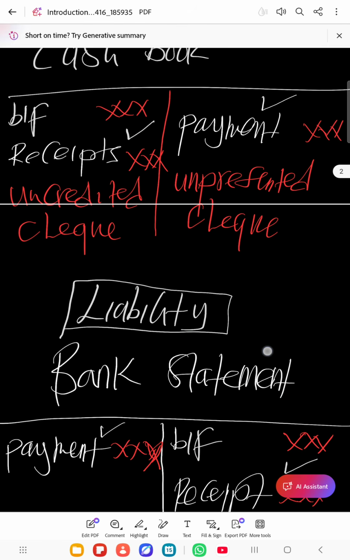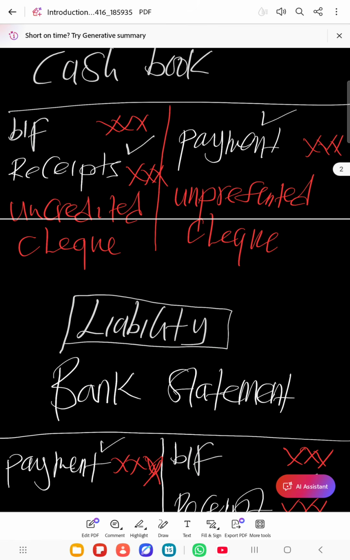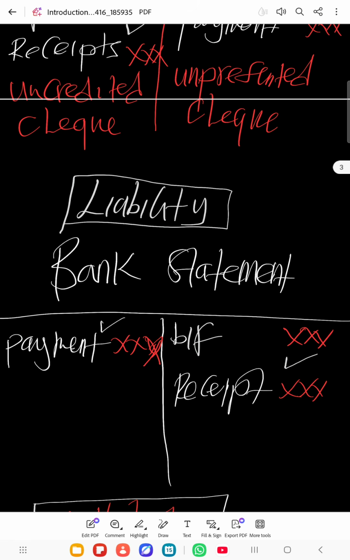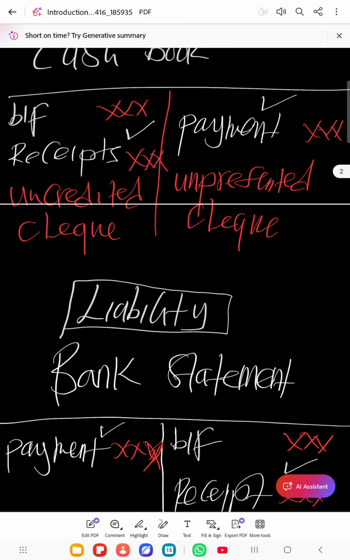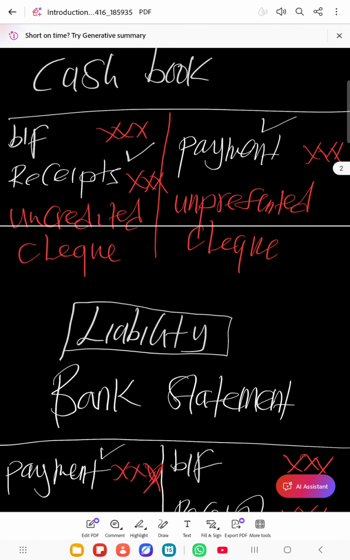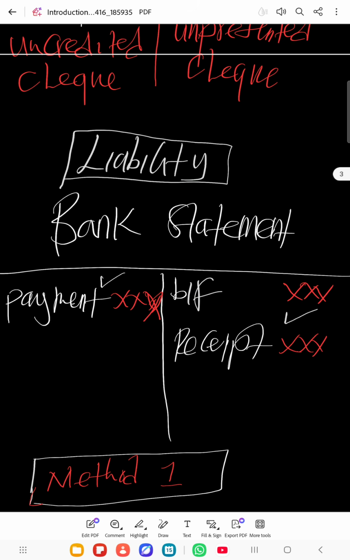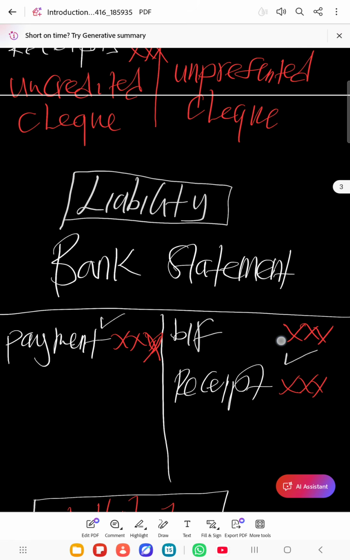All receipts are found on the debit side of the cash book, and in the bank statement, receipts are found on the credit side. Then for payments, all payments are found on the credit side of the cash book, but in the bank statement it's the opposite. They're found on the debit side. Once you make payments, you credit the giver.